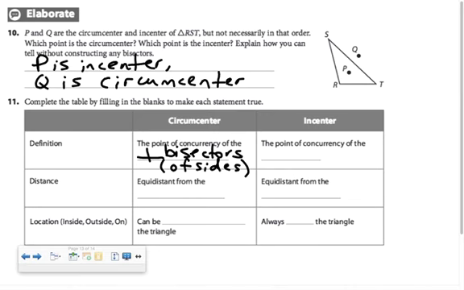The incenter is the point of concurrency of the angle bisectors. And I hope that that's self-explanatory, that it's bisecting angles. The circumcenter is equidistant from the vertices, whereas the incenter is equidistant from the sides.